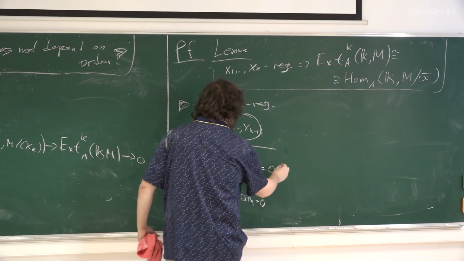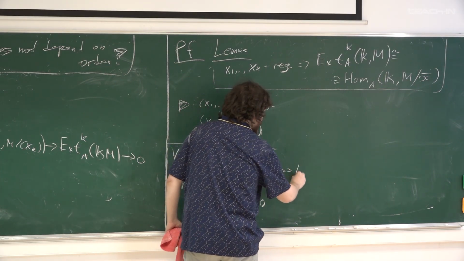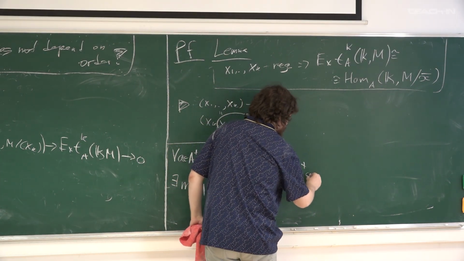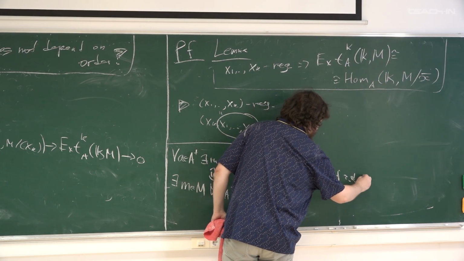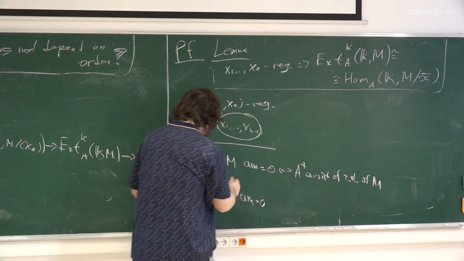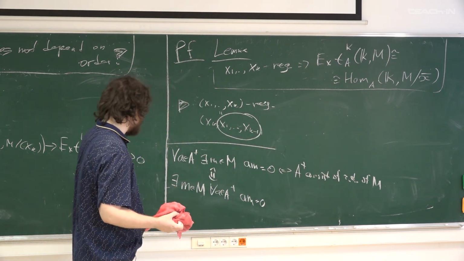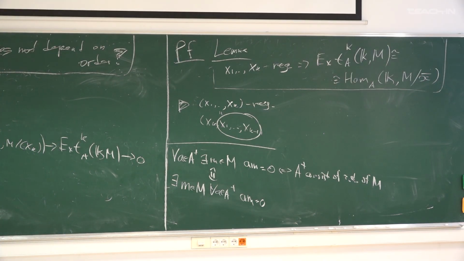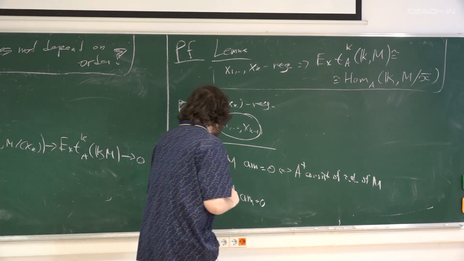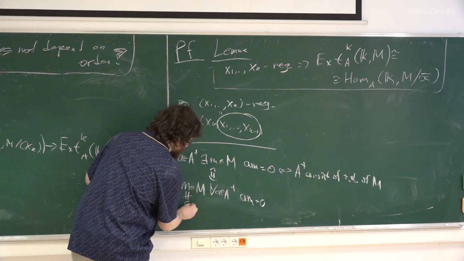This means that it's equivalent to say that A plus consists of zero divisors of M. What is such an element? It's an element which is annihilated by the whole A plus. And of course, not 0.